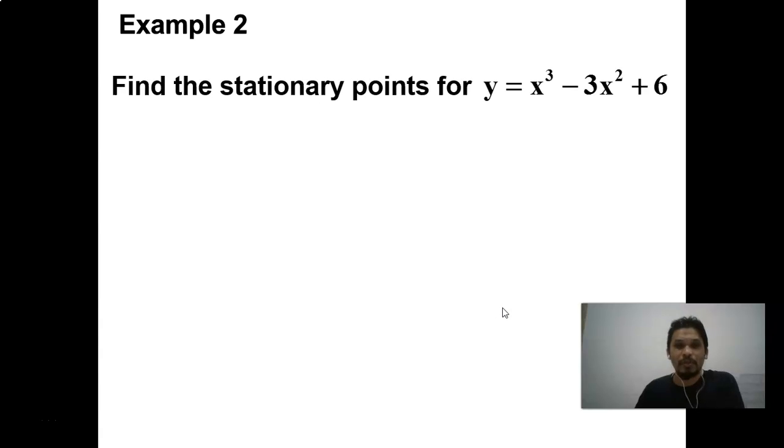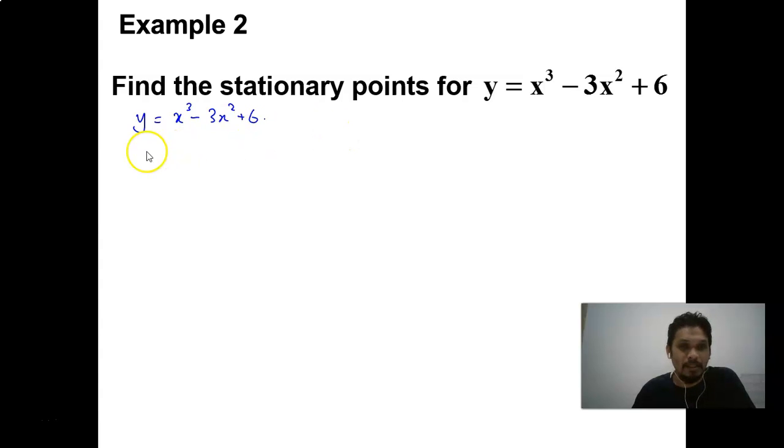Okay, then find the stationary points for x cubed minus 3x squared plus 6. So then y equal to x cubed minus 3x squared plus 6.